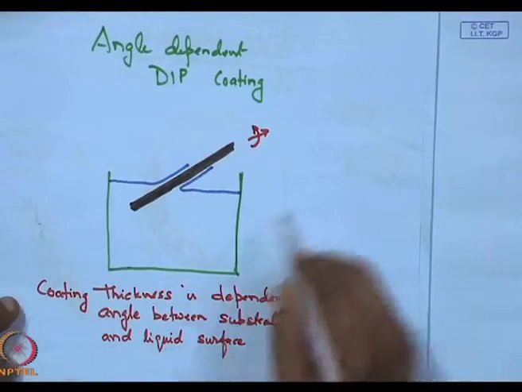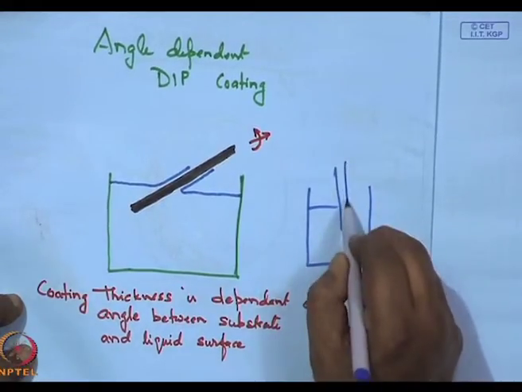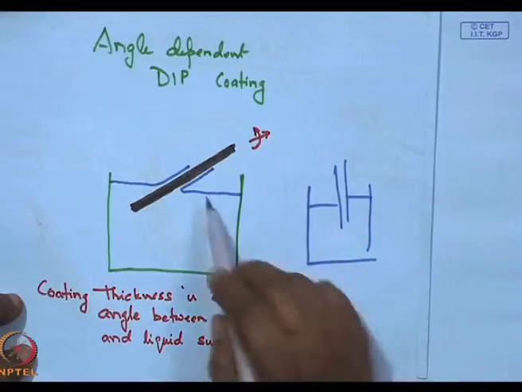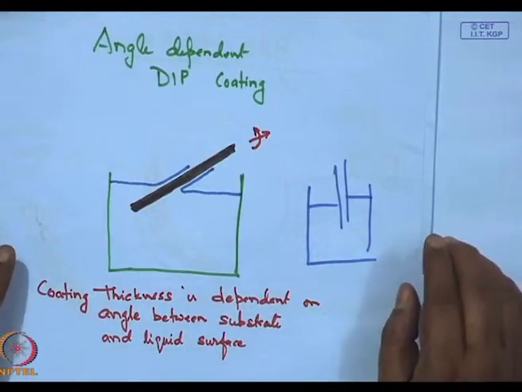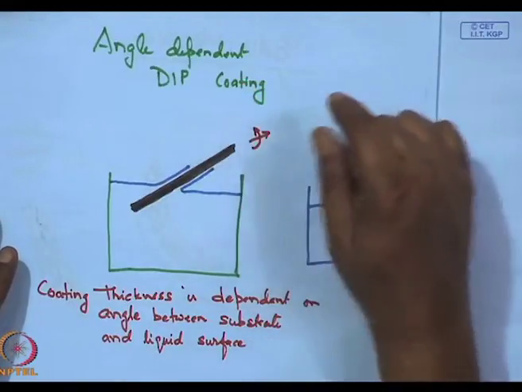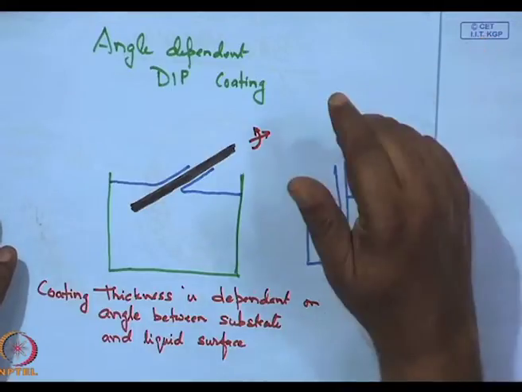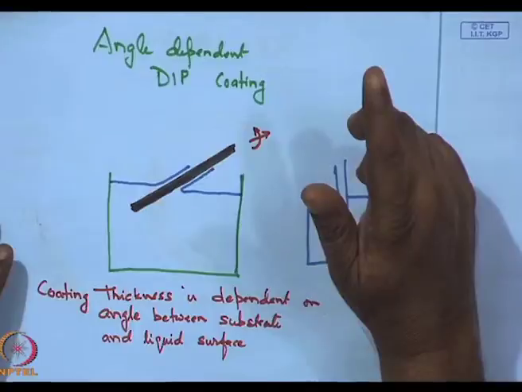If it was vertical, how much would it be? Much smaller. And by this particular angle dependent dip coating process, where we can also rotate the substrate, we get excellent thin film coatings.